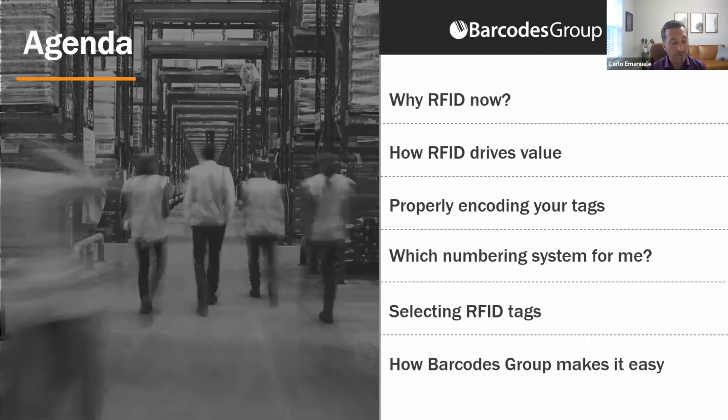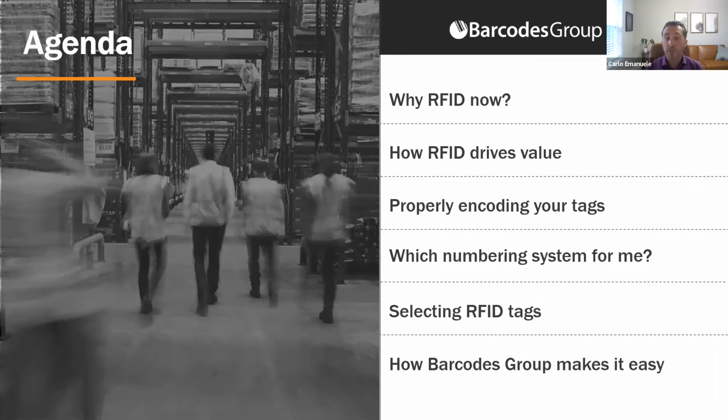All right, while folks are submitting your answers, let's just take a step back quickly and talk about what we're going to discuss today. As many of you know, RFID is a very big topic. So really, we're going to start with, why is it taking off so dramatically right now? What value drivers are really creating that? Chris will do a wonderful job of digging in depth on encoding and numbering systems.